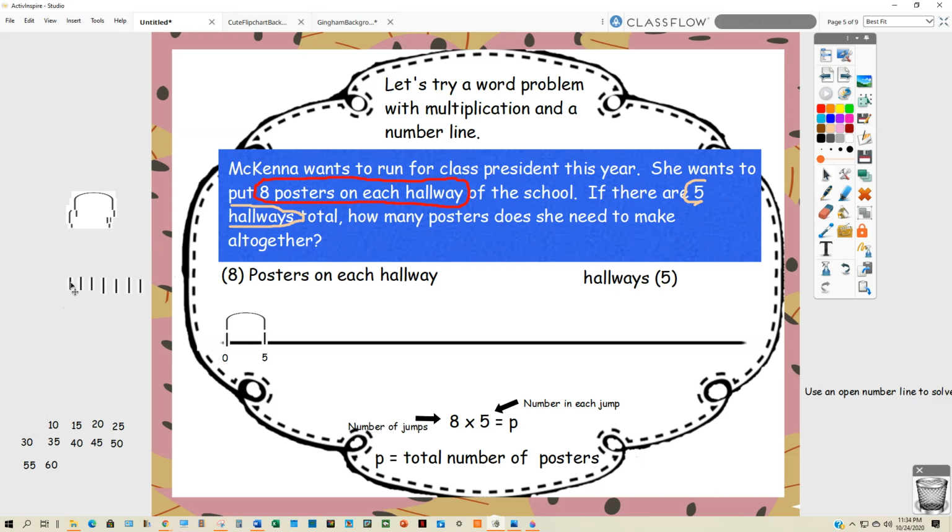My second jump, I'm going to move 2. Now remember, I'm jumping by 5 each time. That should be a 10. My third jump, I'm going to move to 5, 10, 15. Now remember, at the end, I'm doing 8 jumps. 1, 2, 3 jumps so far.